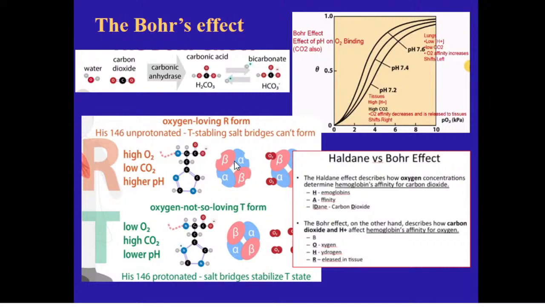Like in lungs, where concentration of oxygen is at highest quantity, this affinity will be at maximum. And this is due to the so-called relaxed R state of hemoglobin, which depends on the pH, on the concentration of these components of the bicarbonate system.